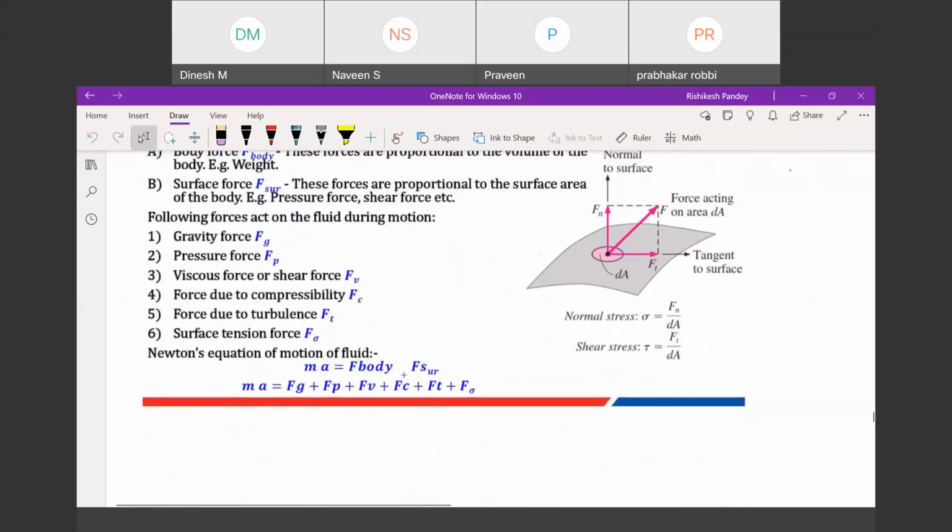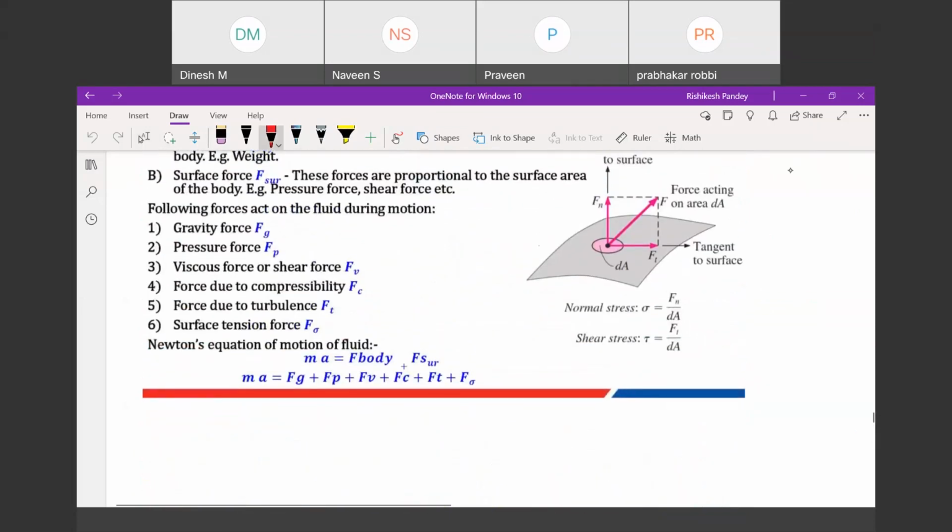The basic equation was Newton's equation of motion of fluid, which includes gravity force, pressure force, viscous force, force due to compressibility, then turbulence, then surface tension.